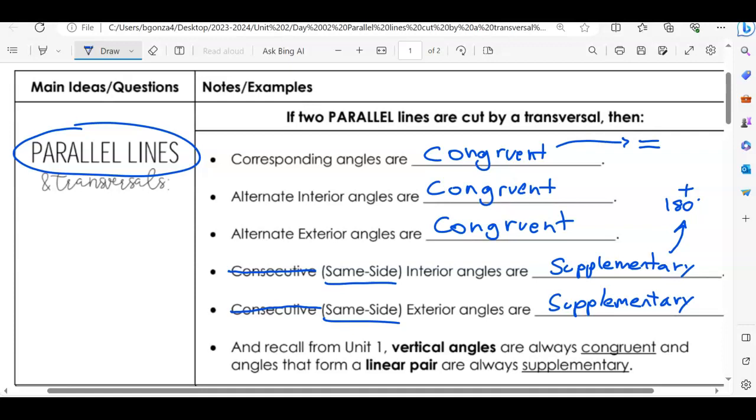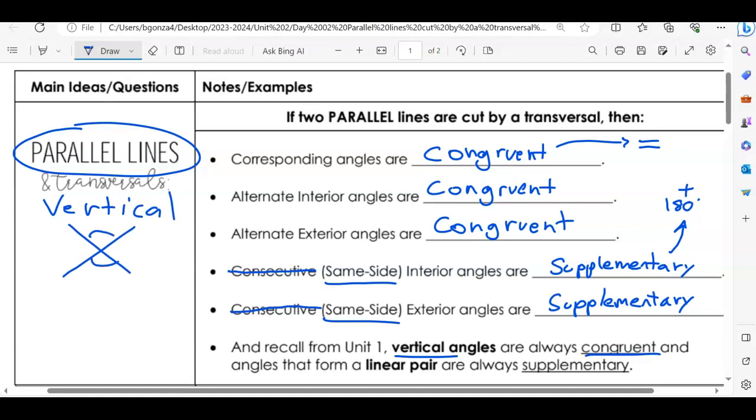Now, we have to remember two more from Unit 1, right? It's called a vertical angle and linear pair. Let's underline it. Vertical angle is congruent. Off to the left here, go ahead and write vertical. And it's going to look like this.